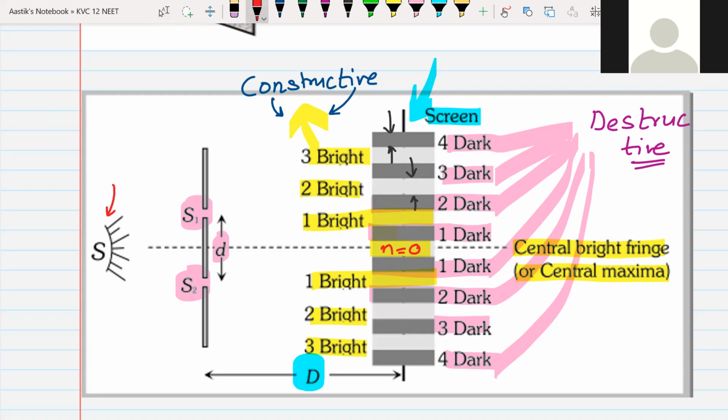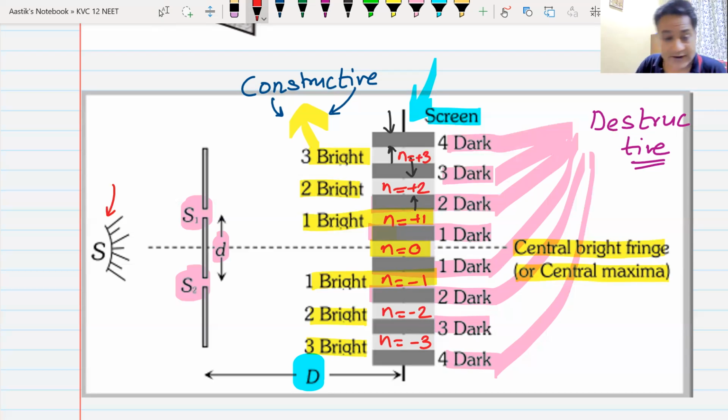Then n equal to plus 1, plus 2, plus 3. And n equal to minus 1, minus 2, minus 3. These are the bright fringes.